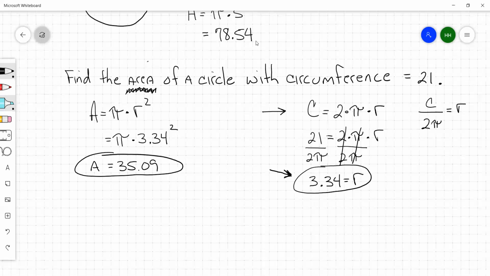Was the 11.17 the radius squared? Yes. When I type in 3.14 times 3.14, it's 11.16. We didn't square 3.14, we squared 3.34, because it's the radius. Correct. And I got 11.16. It's because you're typing in 3.34 and you're not using 21 divided by 2 times pi.